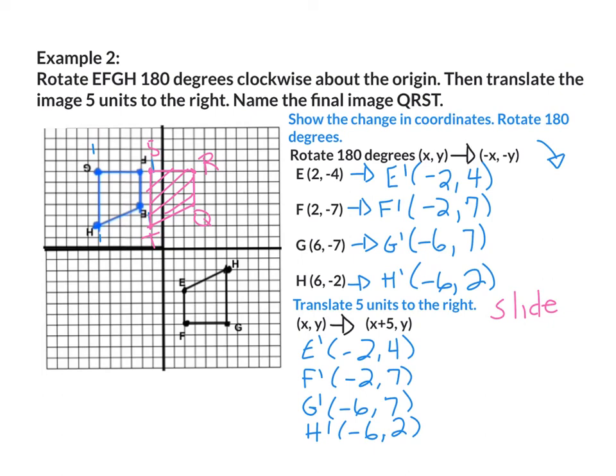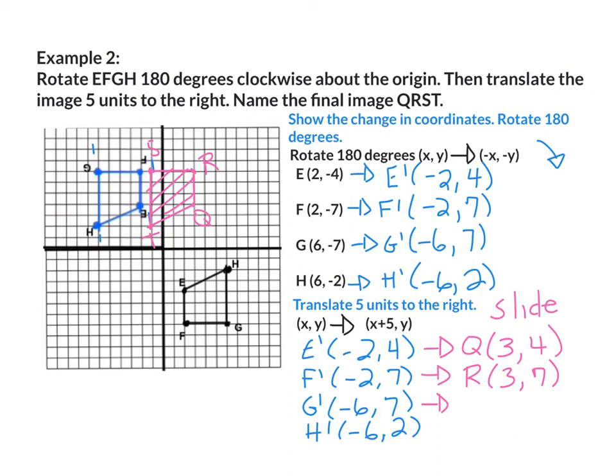So for point Q, I'm going to add 5 to -2, which gives me 3. And my y value stays the same, so it'll be 4. For point R, I'm going to add 5 to -2, which gives me 3. And my y value stays the same, so it'll be 7.